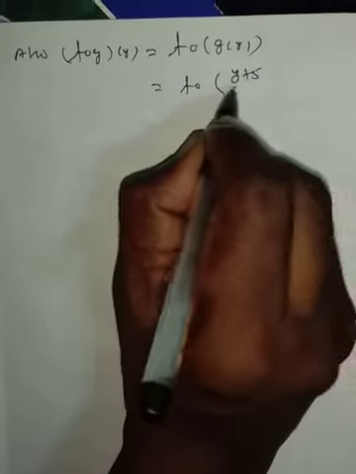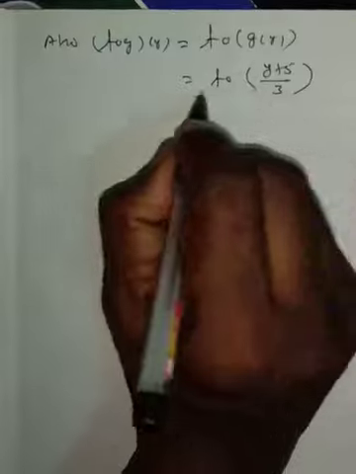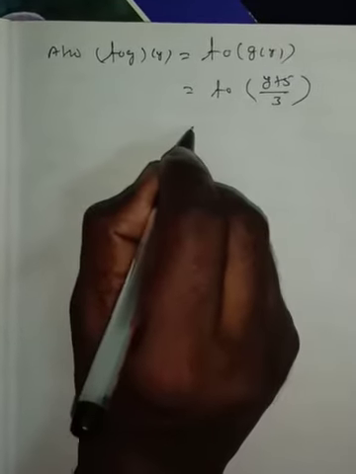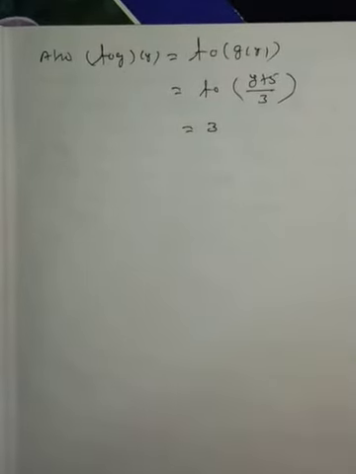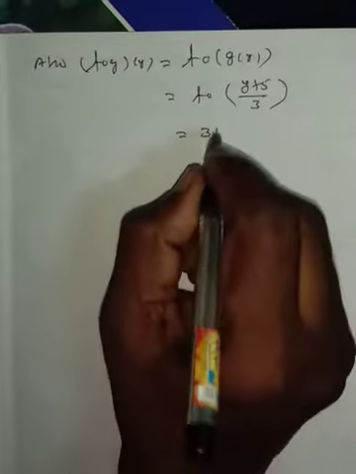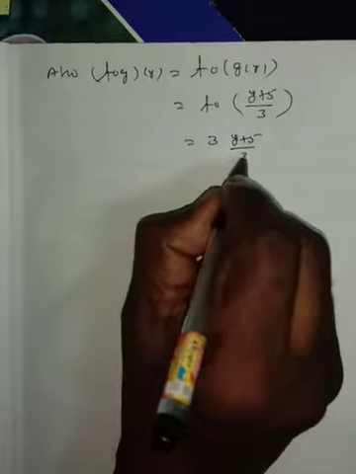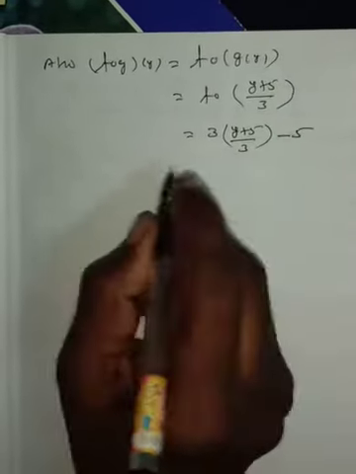In this case, the bracket is x and f of x is 3 into x minus 5, so 3 into (y plus 5) divided by 3, minus 5.